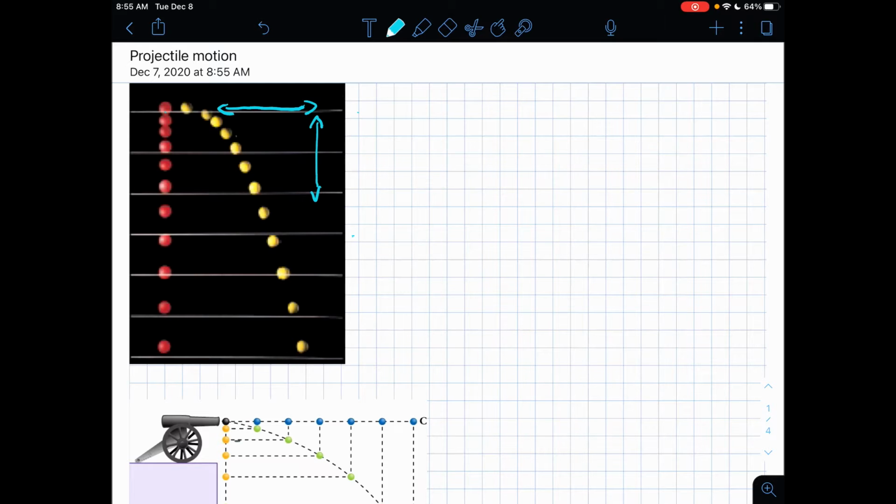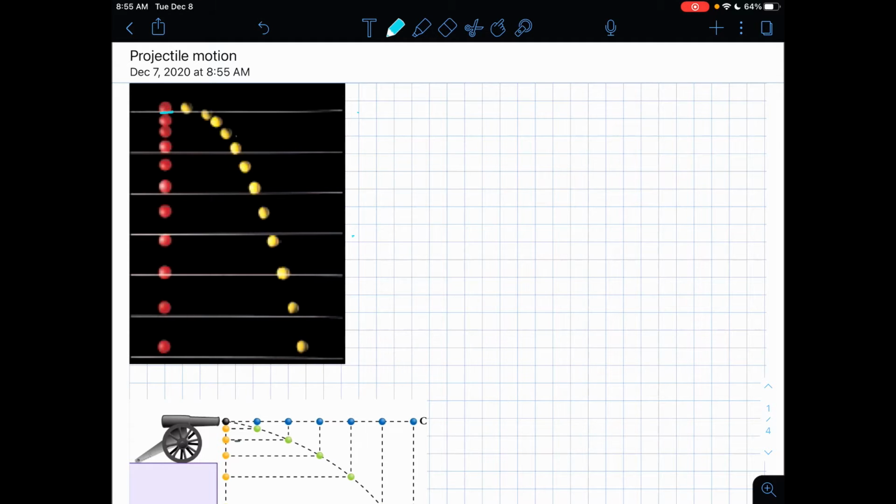Now, if you look closely, you can see that even though the yellow ball was launched horizontally compared to the red ball, which was dropped straight down, it still falls at exactly the same rate. And you can tell this by looking at the lines.